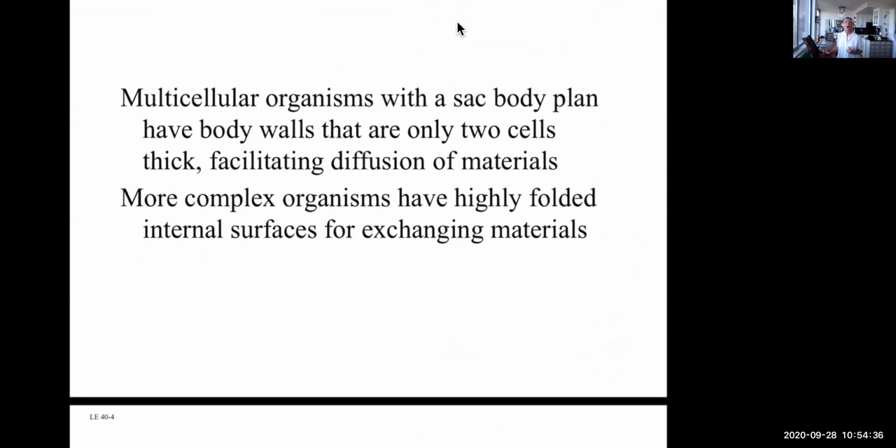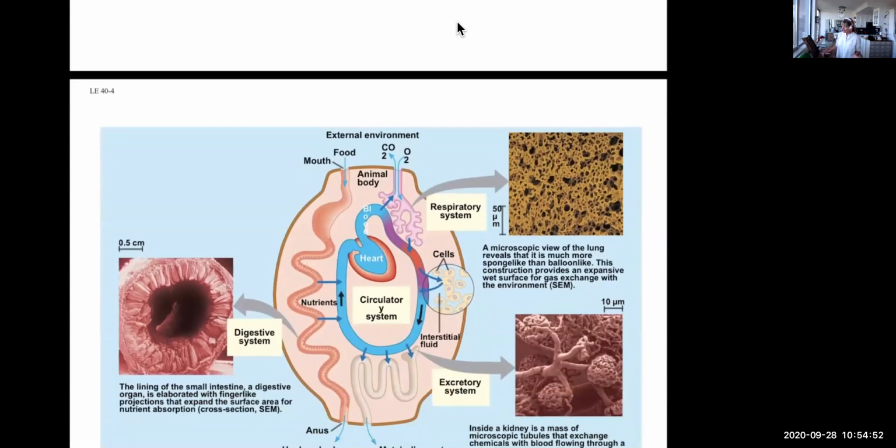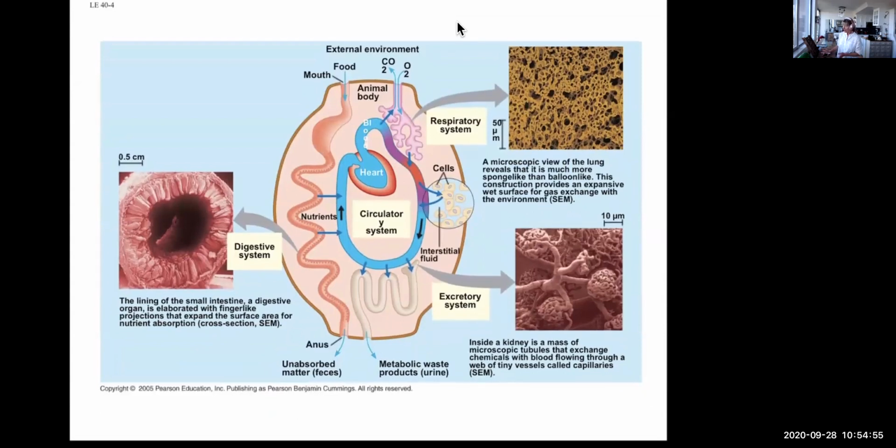But you and I are multicellular organisms. We have a sac-like body plan. In other words, we're a tube within a tube, and we also have a cavity that holds all of our organs. But in order to get all of the materials we require for the trillions of cells in our body, we have to be able to transport materials.